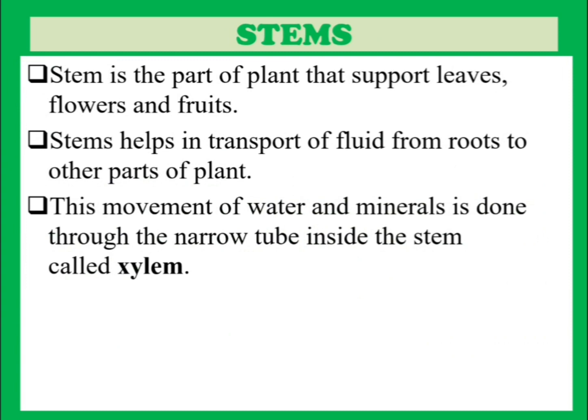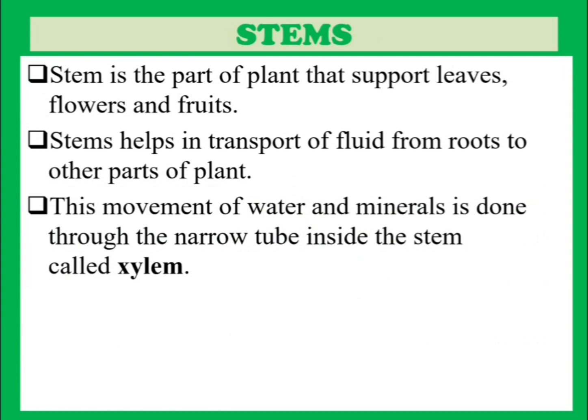The stem is the part which is erect, and it provides support to other parts of the plant like branches, fruits, flowers, and all. These are usually erect, meaning upright, and it is the aerial part of the plant.